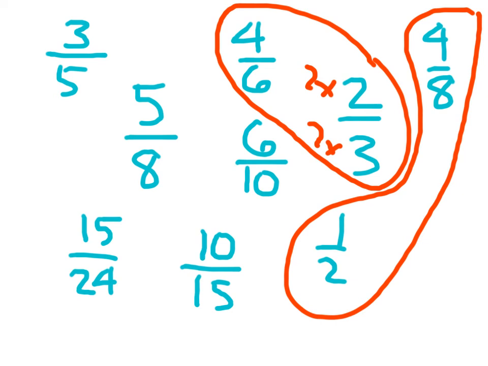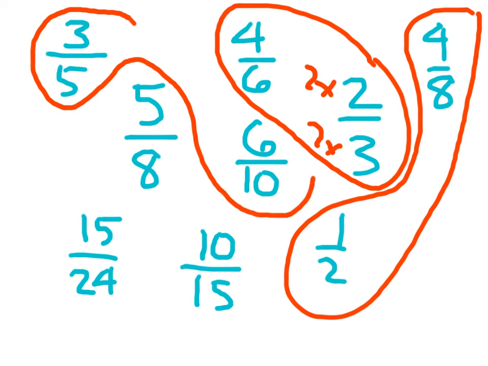Look for some more equivalent fractions. Did you come up with 3/5 and 6/10? Remember that the inverse operation of multiplication is division, so we could just divide by 2, and if we divided by 2 in the numerator, guess what we do in the denominator?